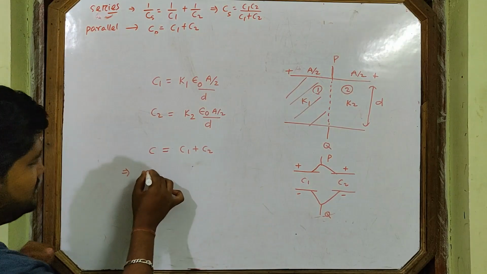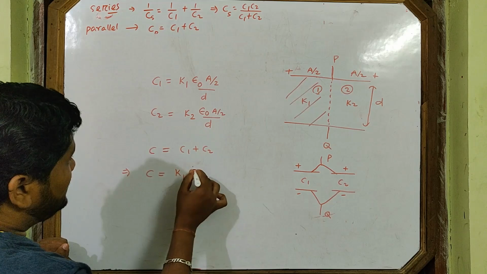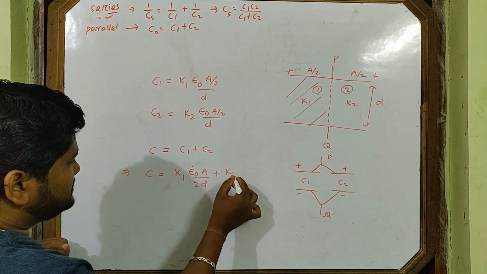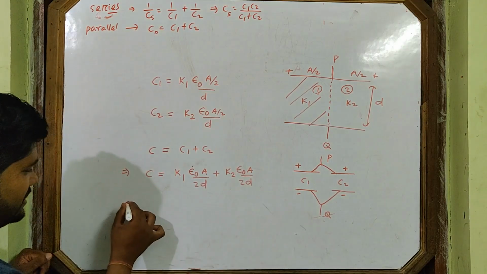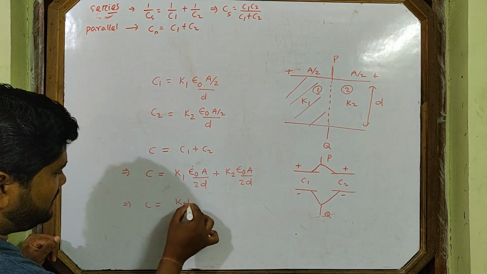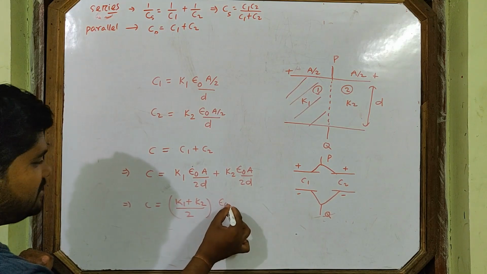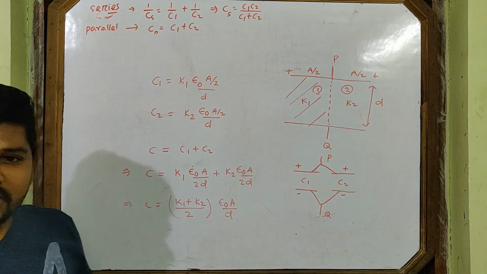Then what will we do? C1 is K1 epsilon naught A by 2D, and this is K2 epsilon naught A by 2D. Then it is coming K1 plus K2 by 2, whole into epsilon naught A by D. Understand this one now?